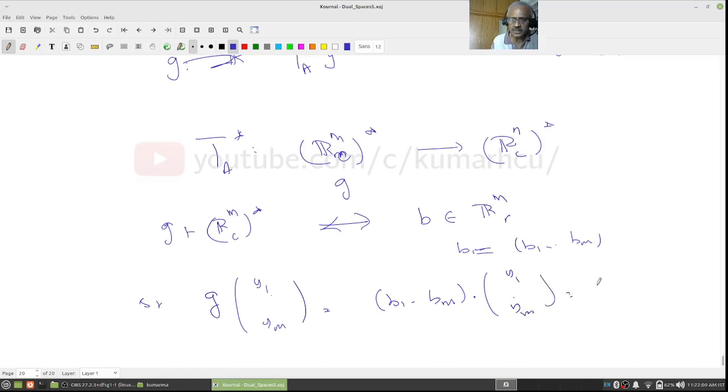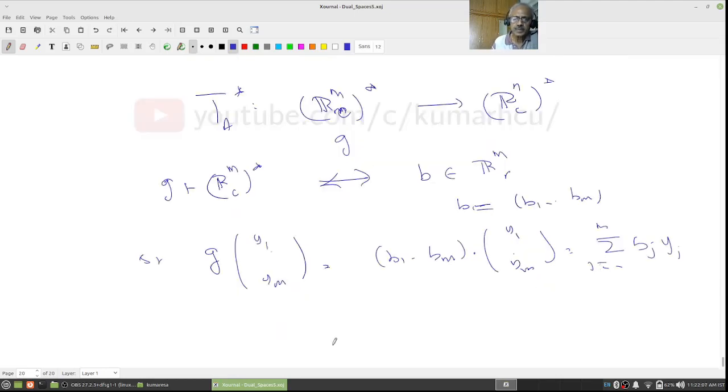This is nothing other than the sum of bj yj, j equal to 1 to m. This is a matrix multiplication. It's a 1 by 1, but we always identify it with the number. Is that clear? Yeah.